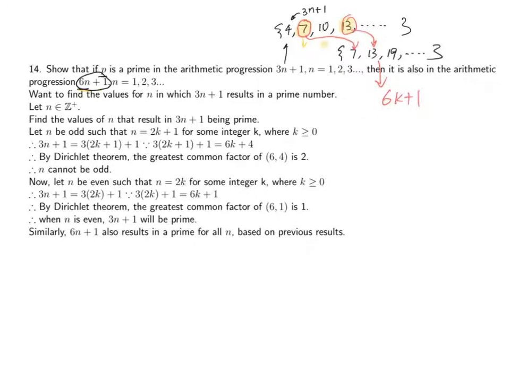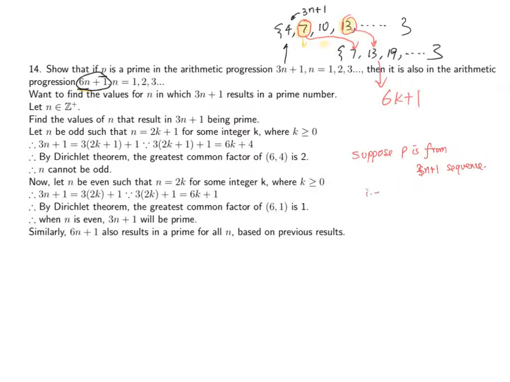So here's what I would do. Here's my suggestion. Suppose P is from this sequence, which basically means it can be written as from this 3m plus 1 sequence.